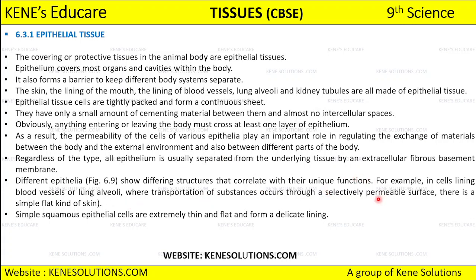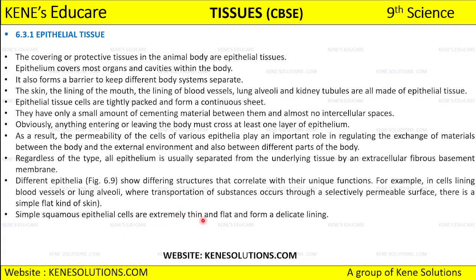Now selectively permeable surface means the plasma membrane or the cell membrane. So whatever transportation takes place in the lung alveoli or anywhere, it is always going to take place through the selectively permeable surface itself. Okay, so the simple squamous epithelial cell. The first type of epithelial cell is the simple squamous epithelial cell.